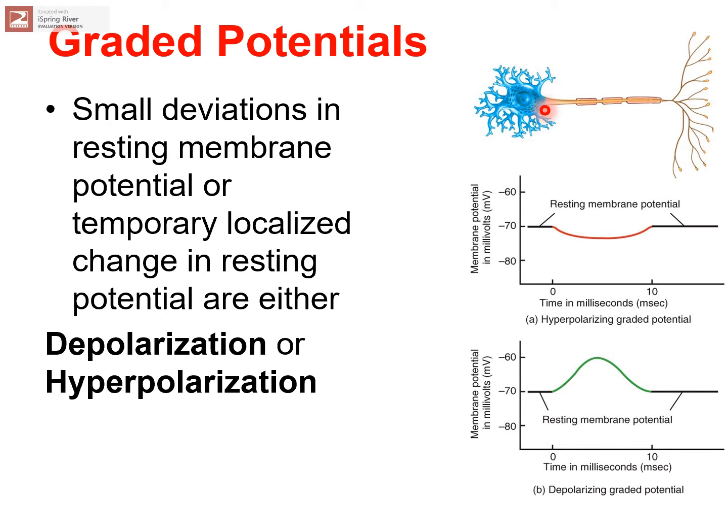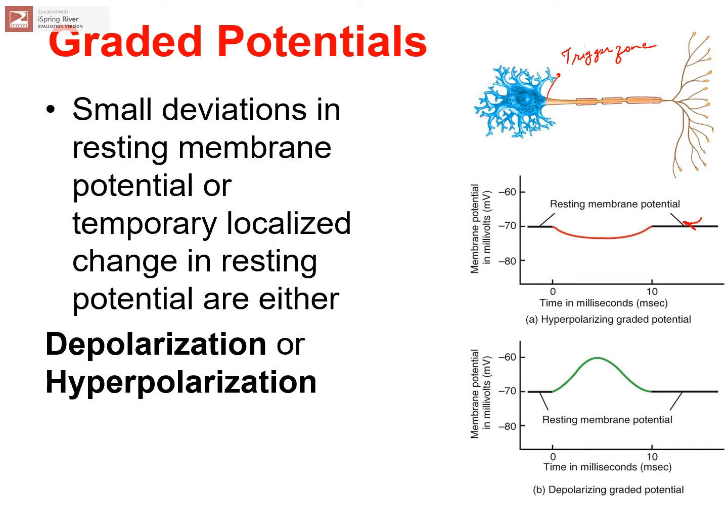The trigger zone is right over here, in the axon hillock region. The axon hillock region, where the action potential is generated, is also called the trigger zone.